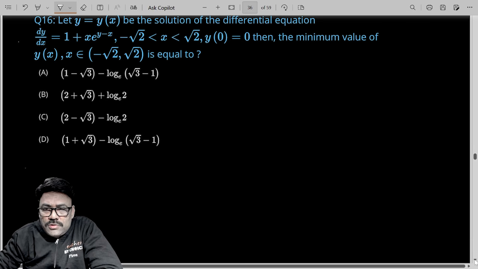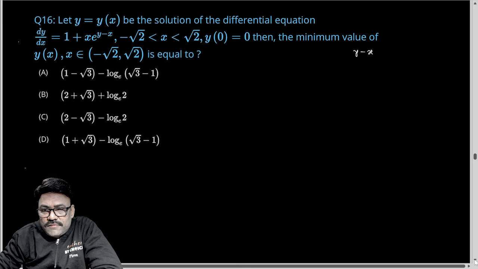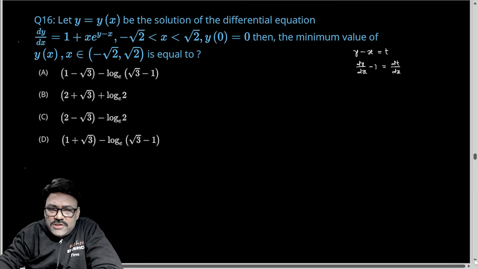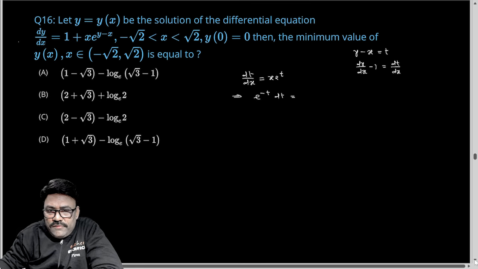If I substitute y minus x as t here, I will get dy by dx minus 1 as dt by dx. So this differential equation becomes dt by dx is equal to x e raised to t. And now it is variable separable. It can be written as e raised to minus t dt is x dx.